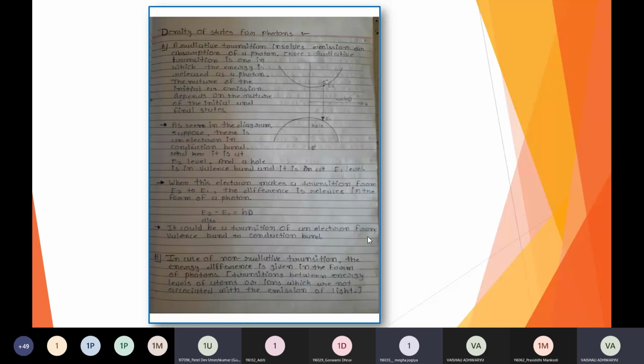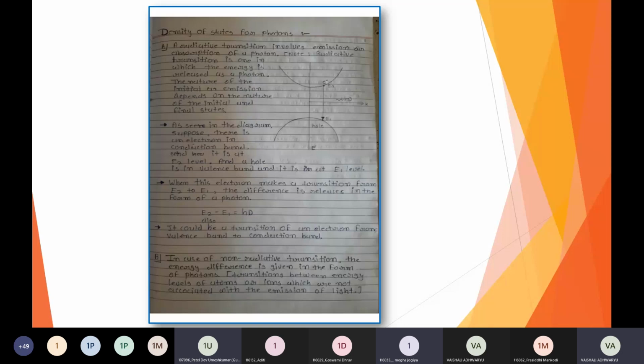Radiative transition and non-radiative transition. In a radiative transition, energy is released in the form of a photon. That means here the emission process occurs, and this emission depends on the nature of the initial and final states.